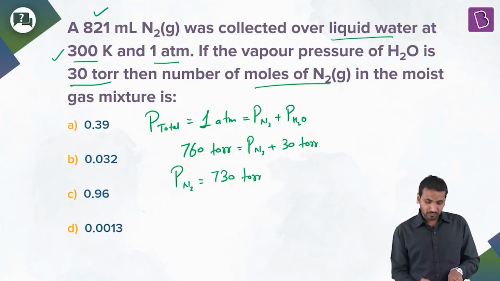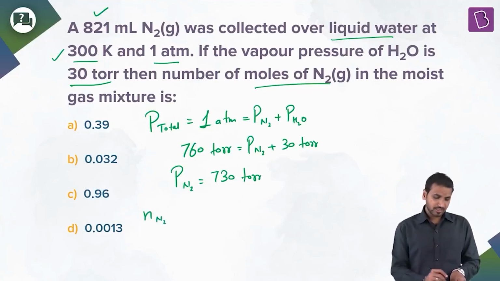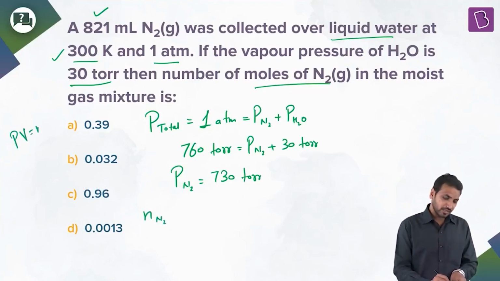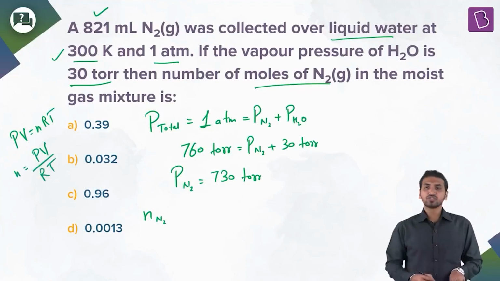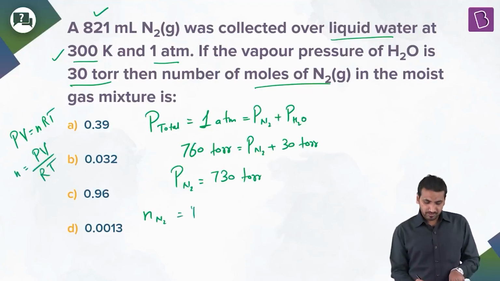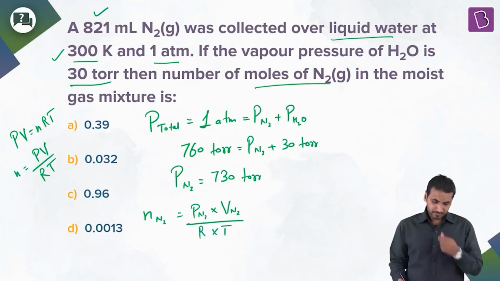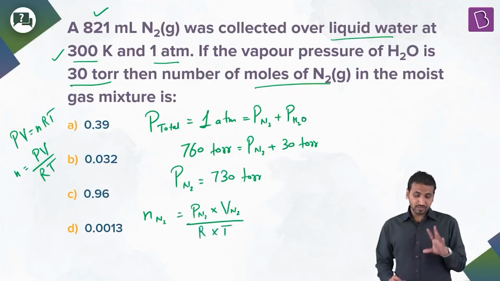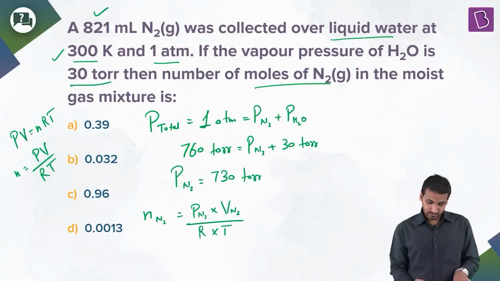Now you need to calculate moles of nitrogen. Can I say PV is equal to nRT? So from here n will be PV by RT. So moles of nitrogen will be pressure of nitrogen into volume of nitrogen upon R into T. The value of R has to be taken care of.